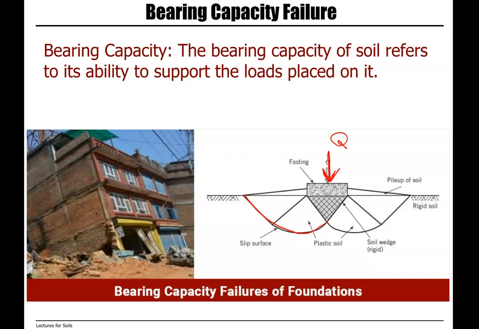Bearing capacity failure is something that we will go over later in this class, and we will design footing to avoid bearing capacity failure.